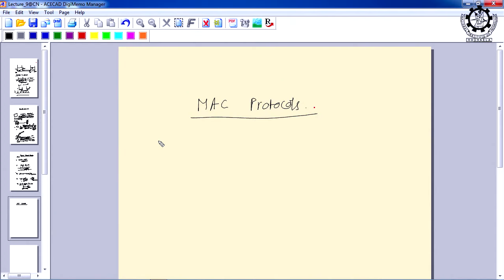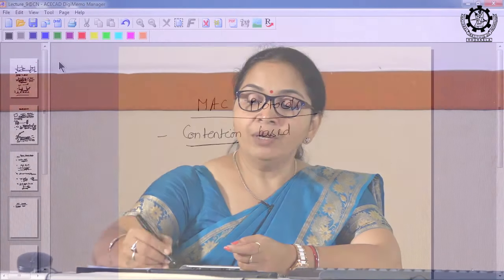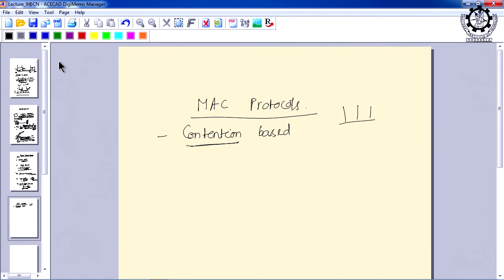And these MAC protocols are again classified into different types. One is the contention based MAC protocols. What do you mean by contention? Have you ever heard this term contention? When multiple stations are trying to get a single channel, they have a competition, they enter into a kind of bidding, with some collision and some resolution, and ultimately one node wins and gets the channel to transmit.